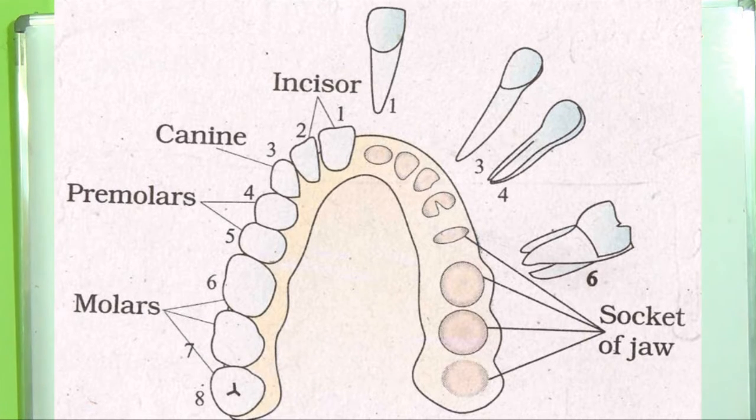Then 1 number canine tooth is marked as 3, and 2 numbers of premolars type of teeth are marked as 4 and 5, and the 3 numbers of molars type of teeth are marked as 6, 7 and 8. In the left side of the diagram, you can see the socket of jaw.